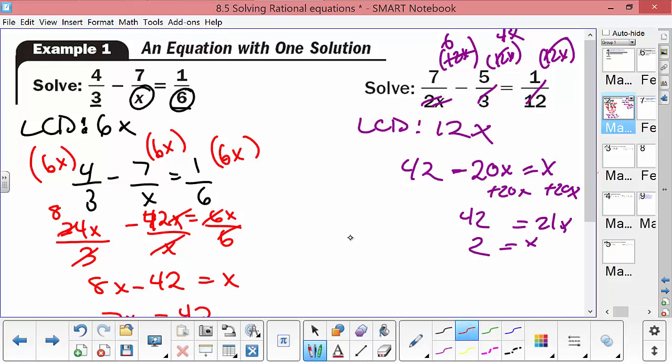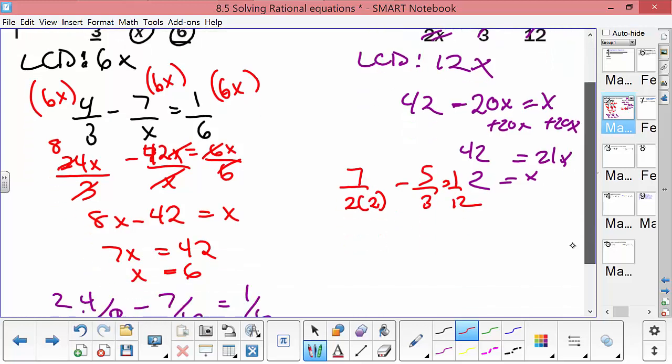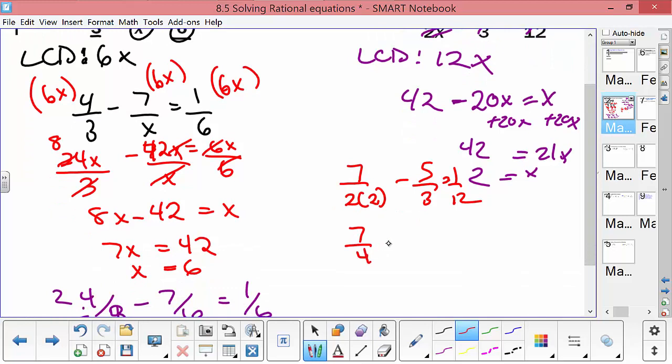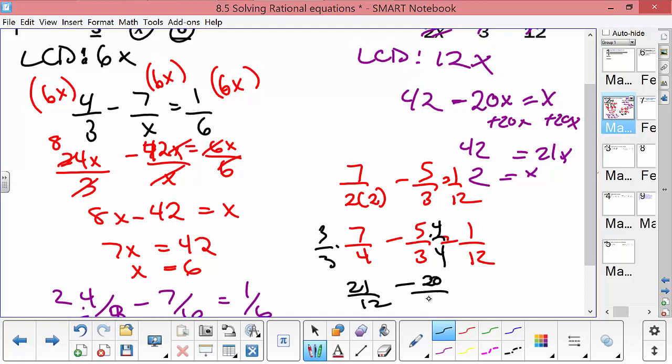And then I can check: 7 over 2 times 2 minus 5 over 3 is 1 over 12. 7 over 4 minus 5 over 3 equals 1 over 12. Multiply the top and the bottom by 3 over 3, 4 over 4. I get 21 over 12 minus 20 over 12, which is equal to 1 over 12, which is true.